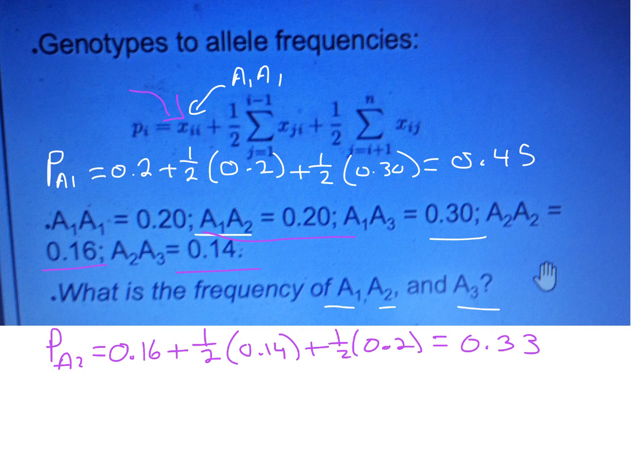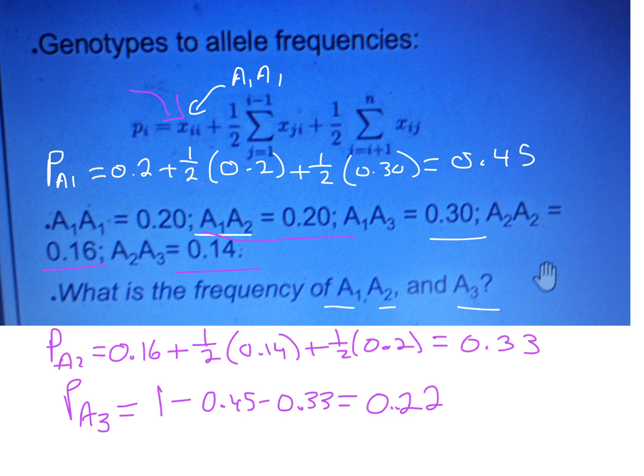And so I've already got 0.45 and 0.33, so if I'm going to do the frequency for the third allele, then I'm going to do 1, take away the frequency for the first one, take away the frequency for the second one, and whatever's left over there has to be the frequency of the third one. And so that's what that scary formula is telling you to do.